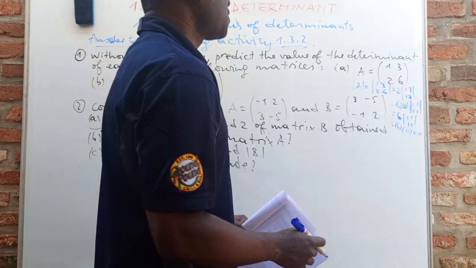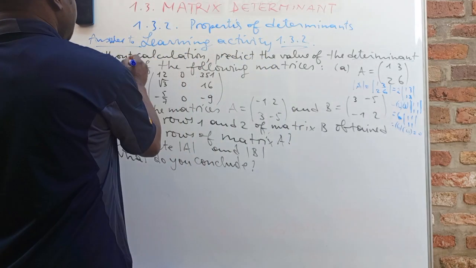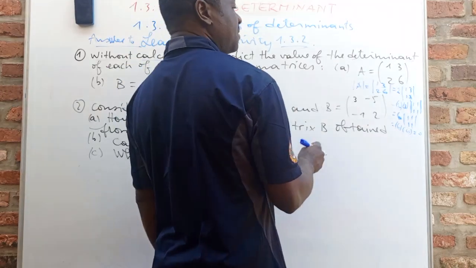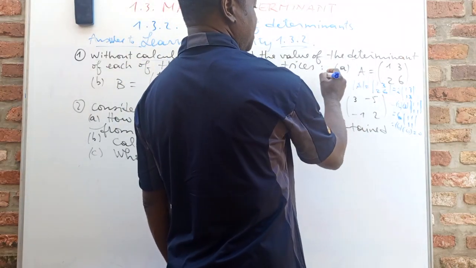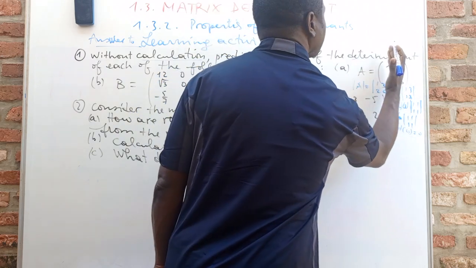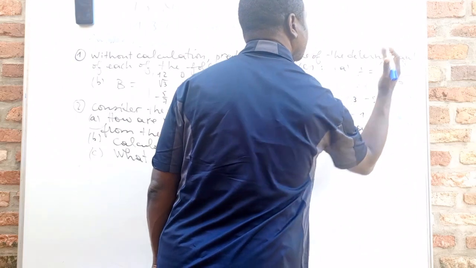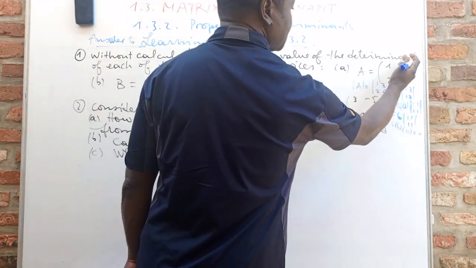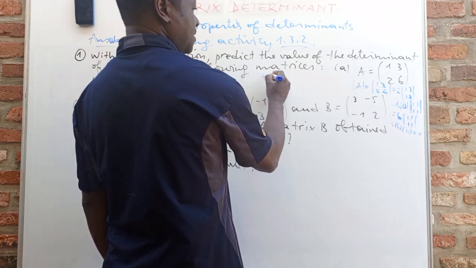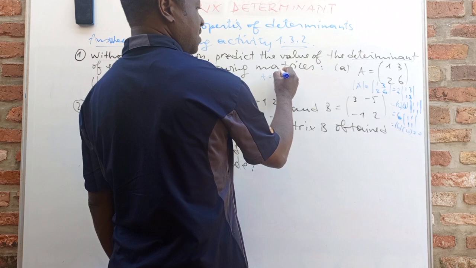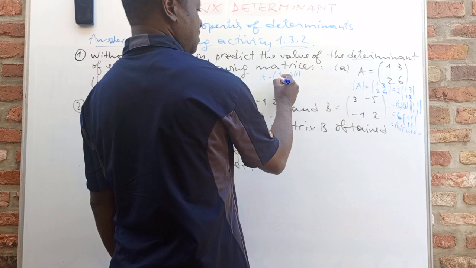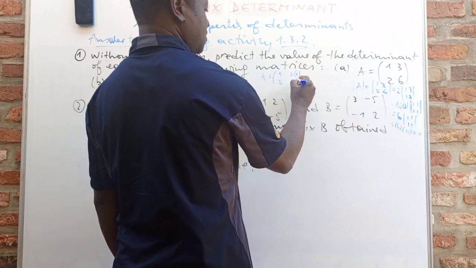So of course, they said without calculation, so we should conclude by just observing that the second row is a multiple of the first, like the second column is a multiple of the first, twice. So I mean thrice. This matrix can be written as 1, 3 times 1, and 2, then 3 times 2.